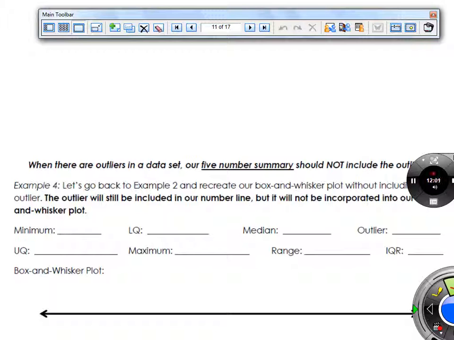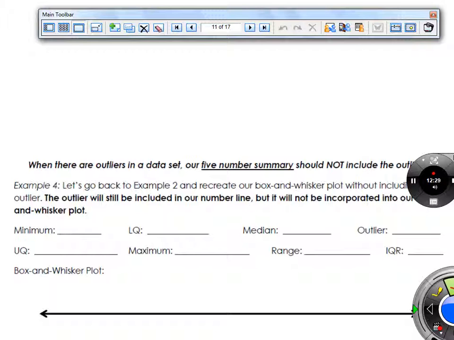Then we knew when we drew it that the one whisker seemed really long, and we determined that possibly 45 was causing that. We talked about what an outlier was, that sometimes there's a piece of data that is making our data set seem different than what it really is. Then we talked about how you could have an objective way to determine if something is an outlier or not. And if it is an outlier, you can kick it out of your data set, and then you can calculate the numbers without the data.